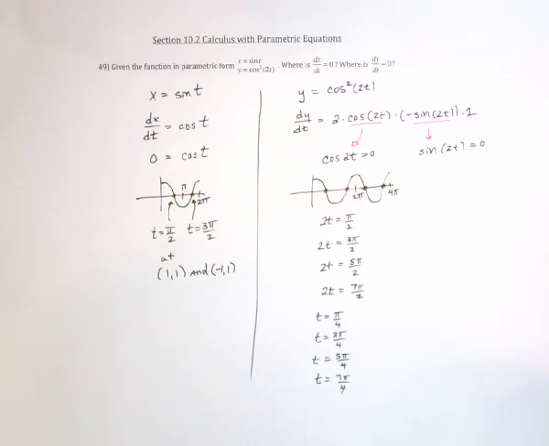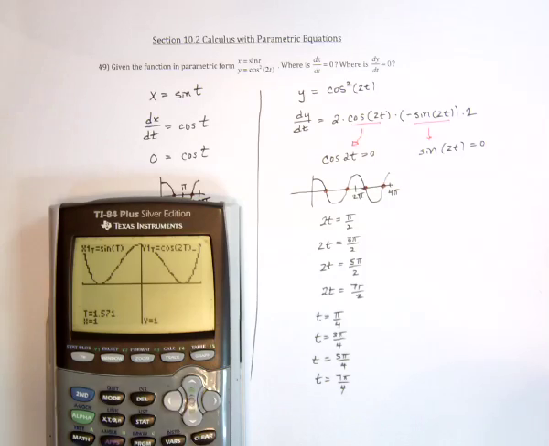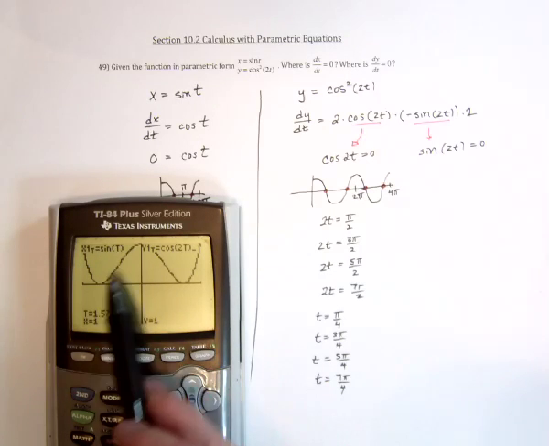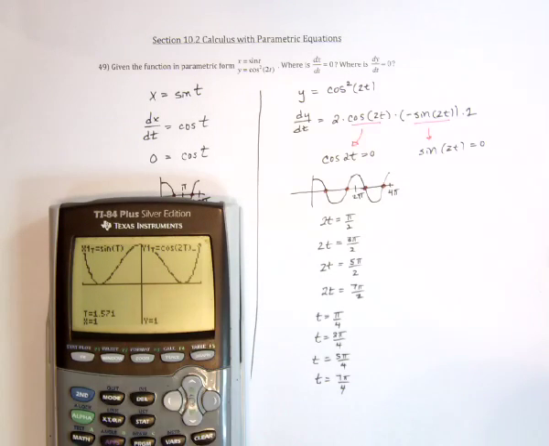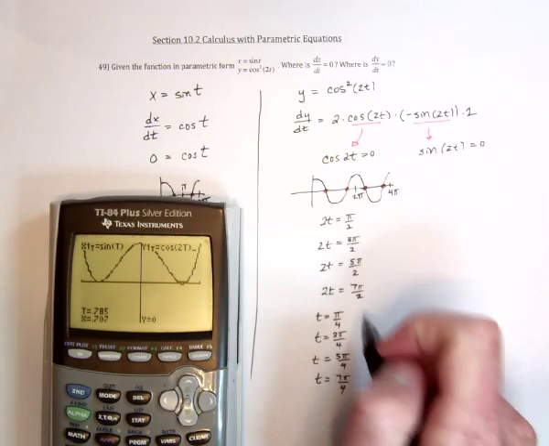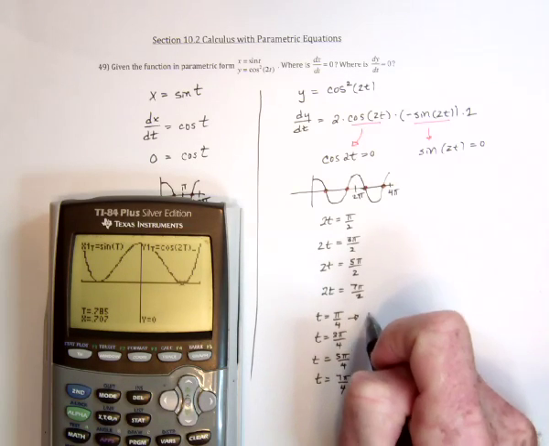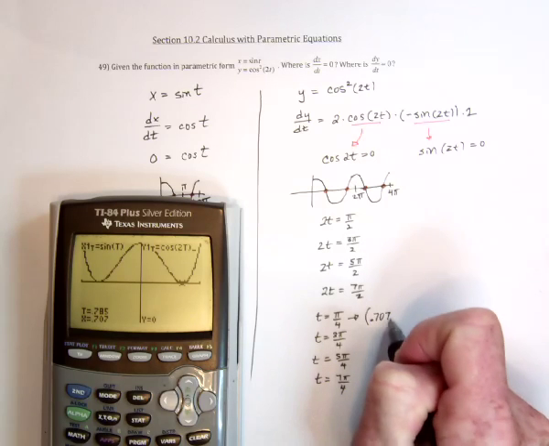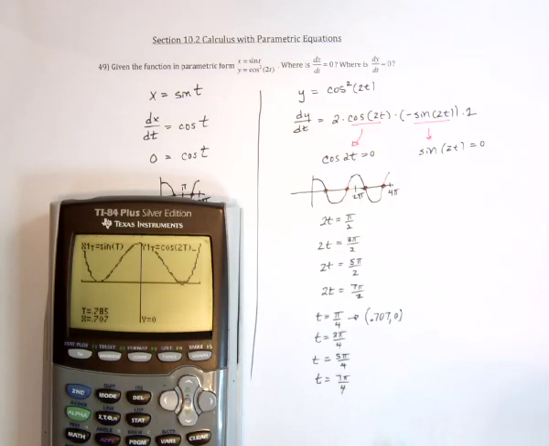Let's test those out. So we're looking for the top, the bottom, the top, the bottom, the top. Pi divided by 4, is that one of them? That's one of them right there. So that's going to give us the point 0.707 comma 0. Then 3 pi divided by 4.